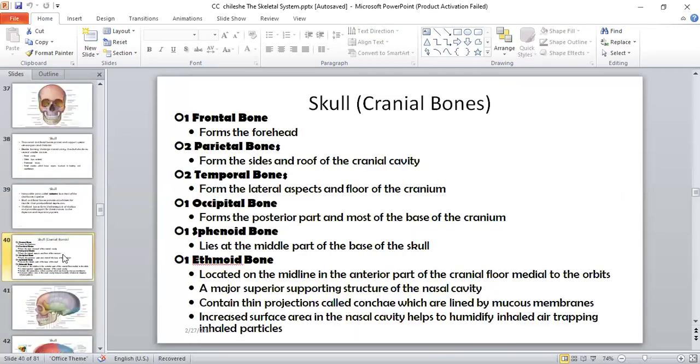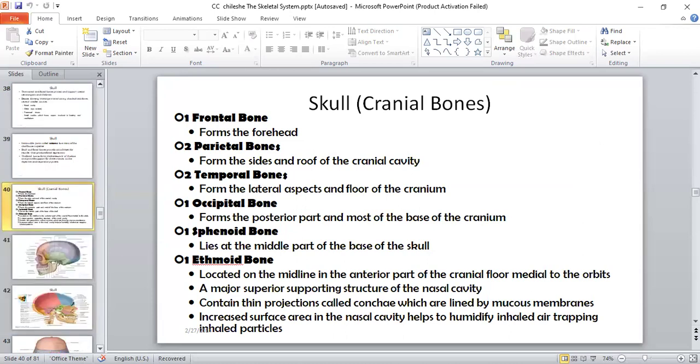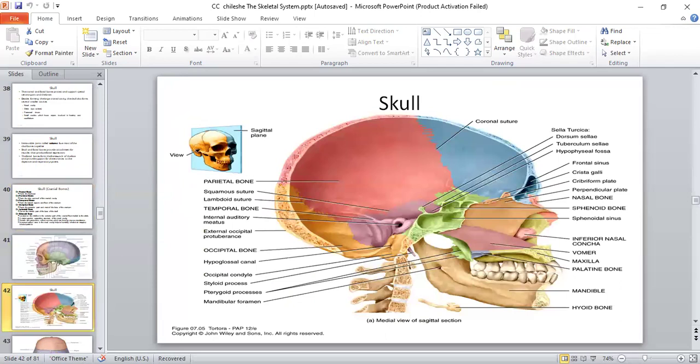We also have an ethmoid bone located on the midline in the anterior part of the cranial floor, medial to the orbits. I don't think I've seen it on this picture, but it also helps to form the floor of the cranium.